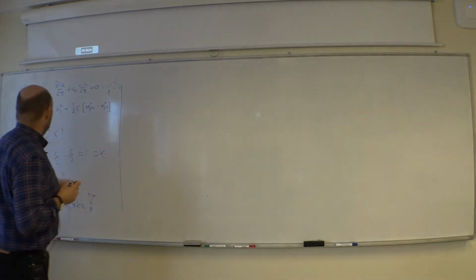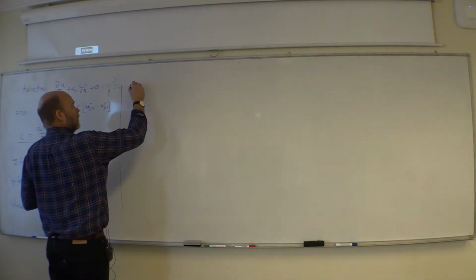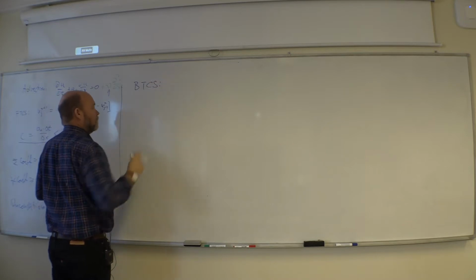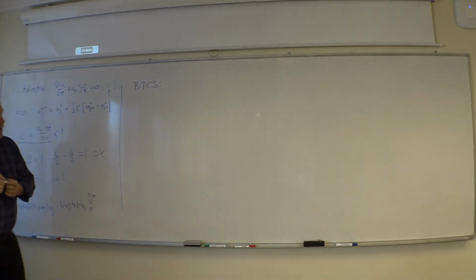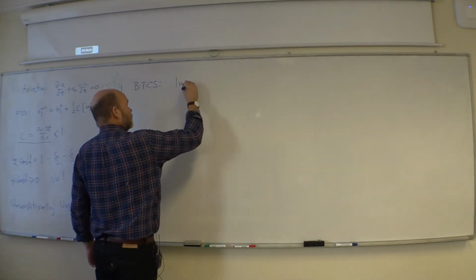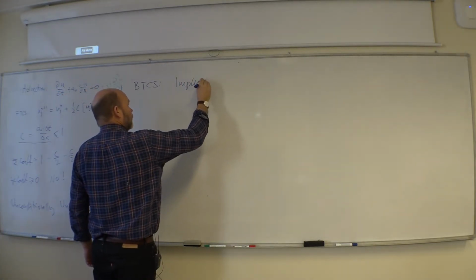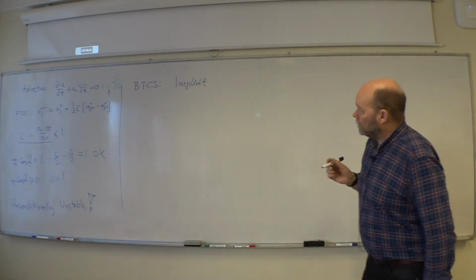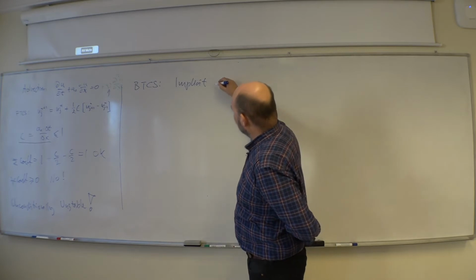So if we now do it again, but now I'm using a backward time central space scheme. That means a full implicit scheme. Full implicit, so you do now the following.